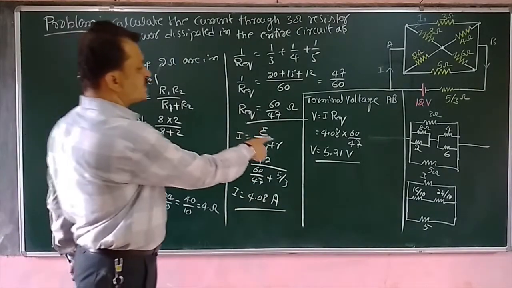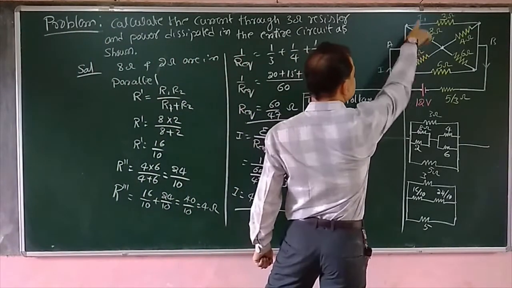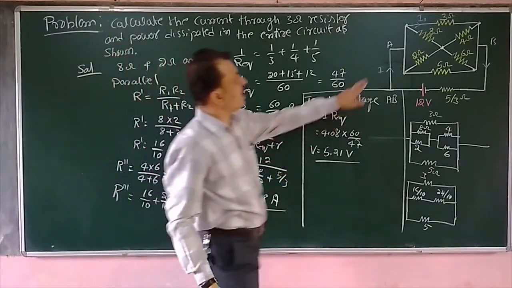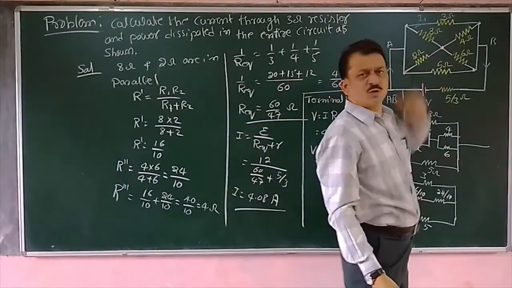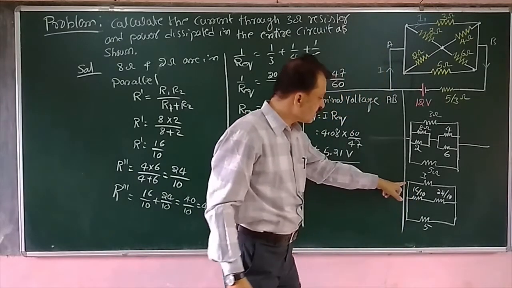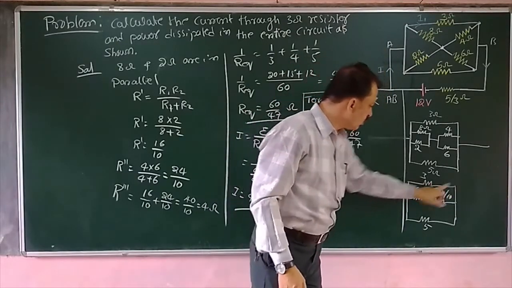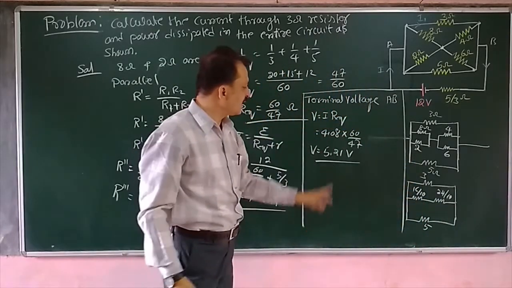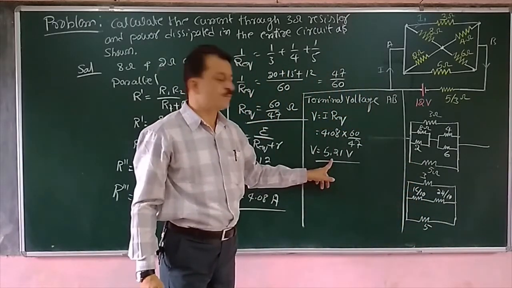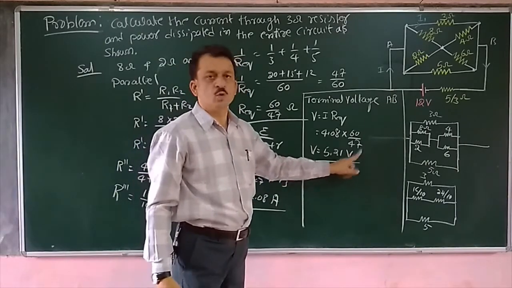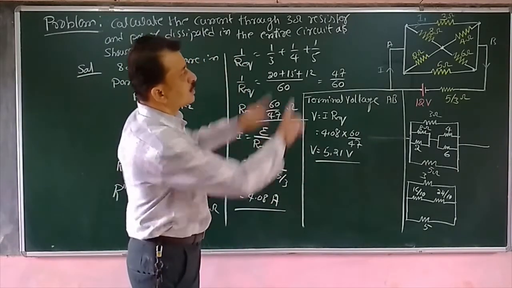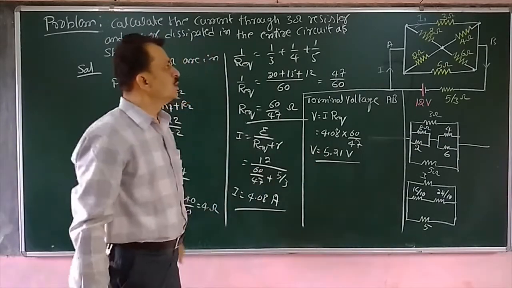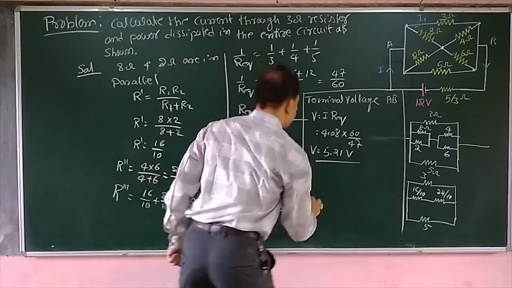Now this is the voltage across this AB branch. Now carefully look here. We have to calculate the current flowing through the 3 ohm resistor. In this network, the potential drop across the 3 ohm, 4 ohm and 5 ohm resistors, since they are in parallel, remains the same, that is 5.21 volts.